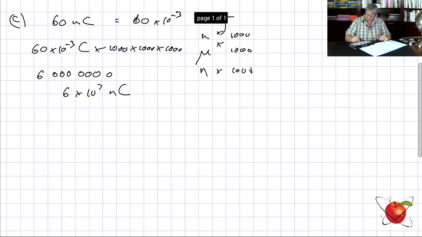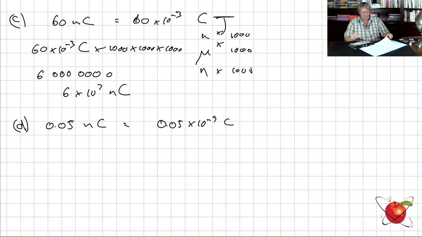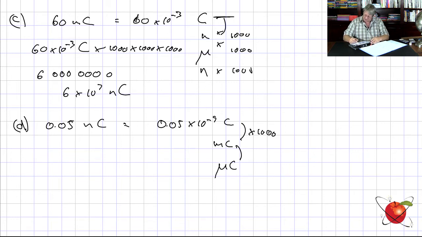D is 0.05 nanocoulombs. That is 0.05 times 10 to the minus 9 coulombs. Now where are we going to move it to? Microcoulombs. So from coulombs, we're going to go down to millicoulombs and down to microcoulombs. So we're going down, and we've got to times by 1,000 and times by another 1,000.